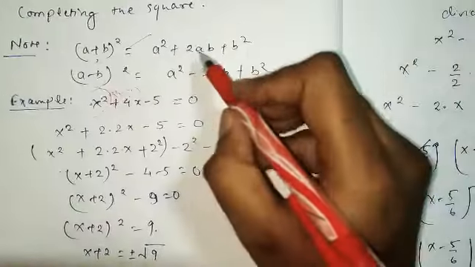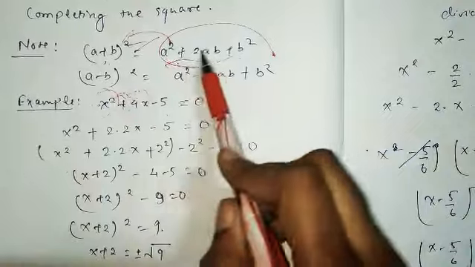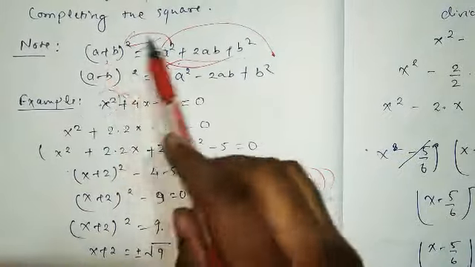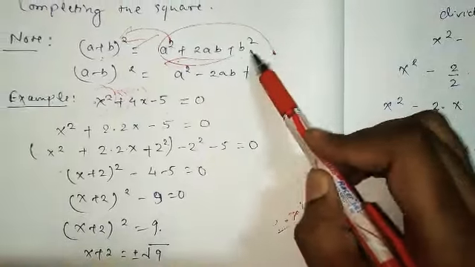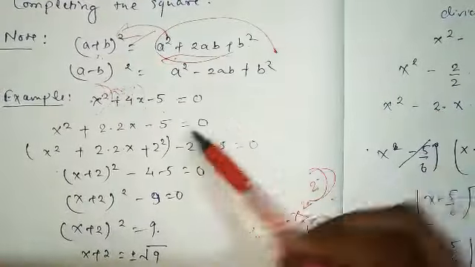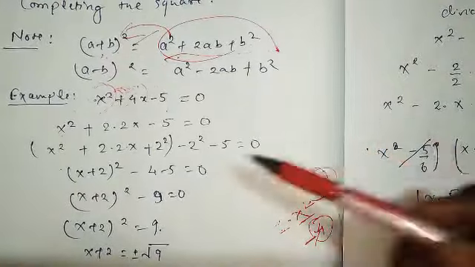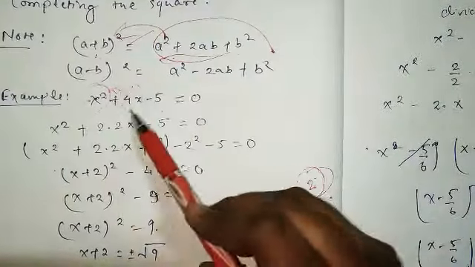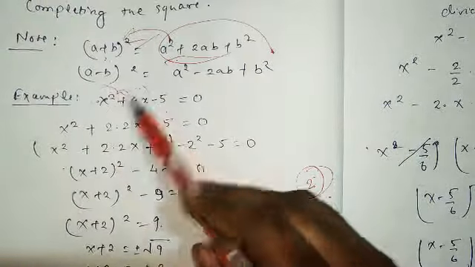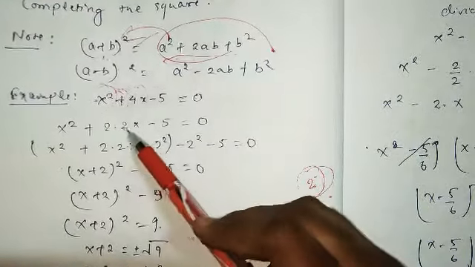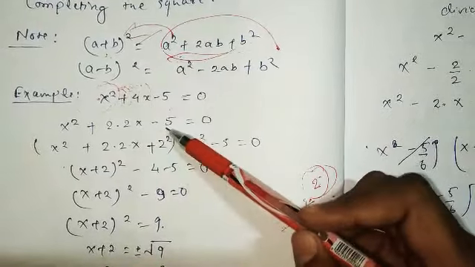So I'm making this term a square plus 2ab plus b square. The x square is my a square. Now I have separated the number 2 from this 4, so this is 2 into 2, and minus 5.